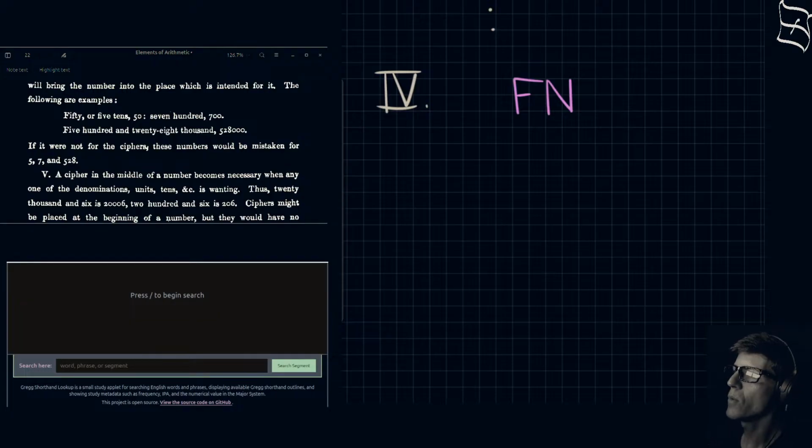So what's the takeaway? The takeaway that I want to put here is that positionality is the ultimate consideration in linked numeration.